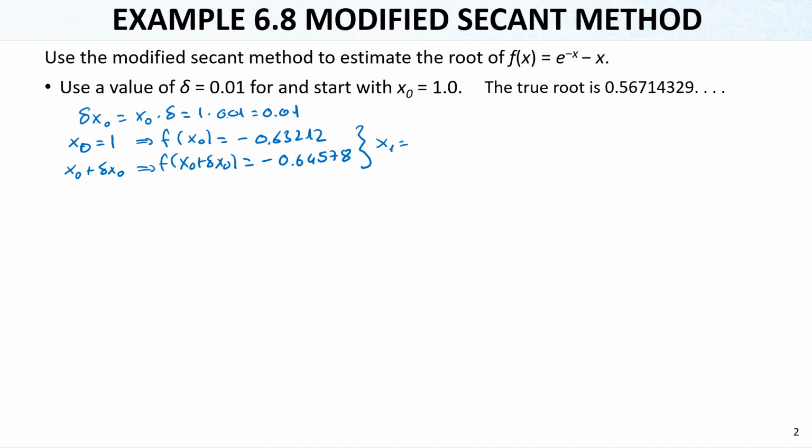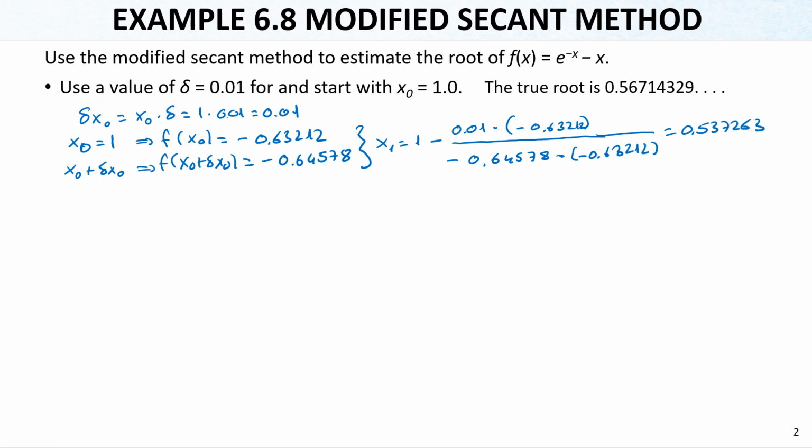x1 is equivalent to, first of all, x0, which is 1, minus here 0.01, the delta x, times minus 0.63212, that's the f(x0), divided by minus 0.64578 minus 0.63212, and the result is 0.537263.